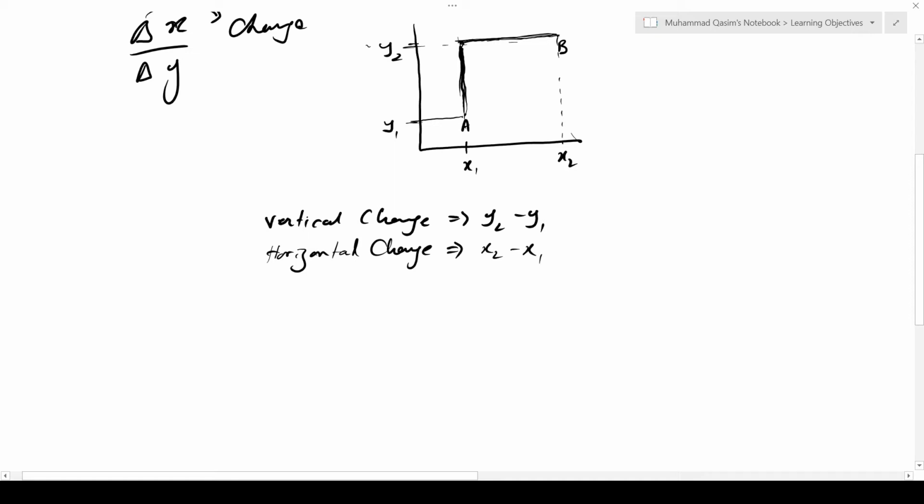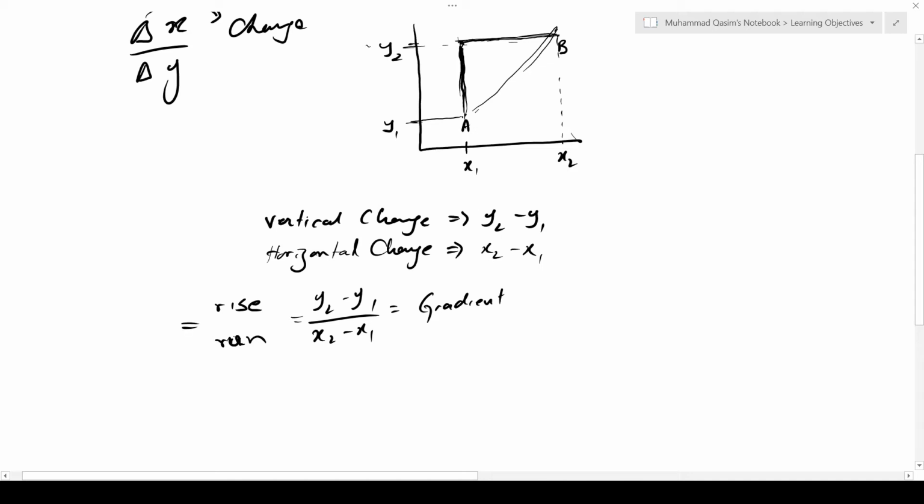If you can recall from coordinate geometry, the vertical change, which is y2 minus y1, over the horizontal change, which is x2 minus x1, was basically giving us the gradient of a line joining A and B. So basically, y2 minus y1, the vertical change, is rise, and x2 minus x1, the horizontal change, is run.